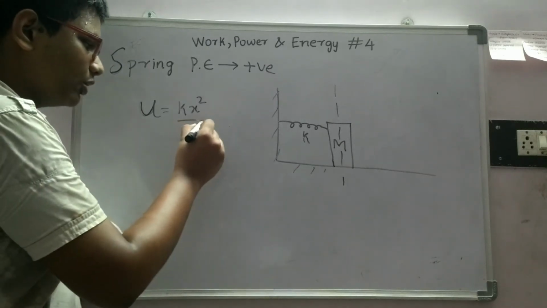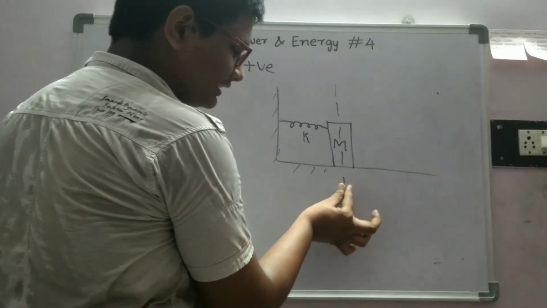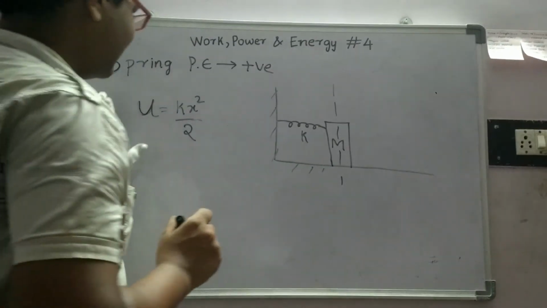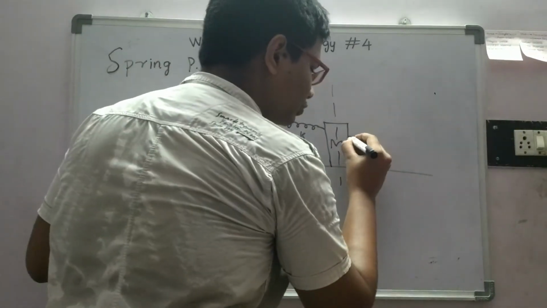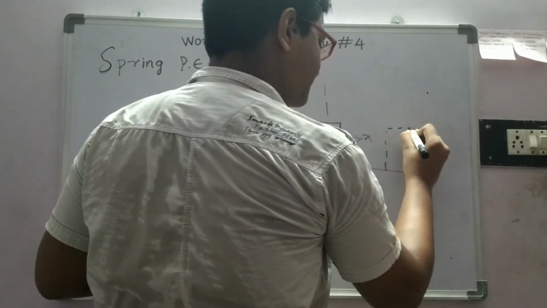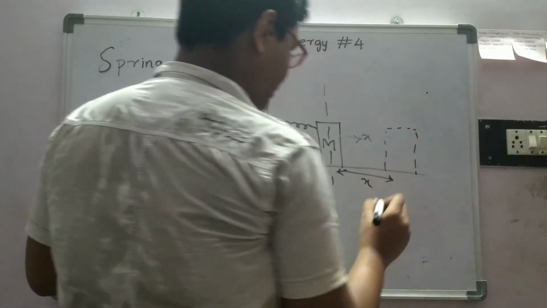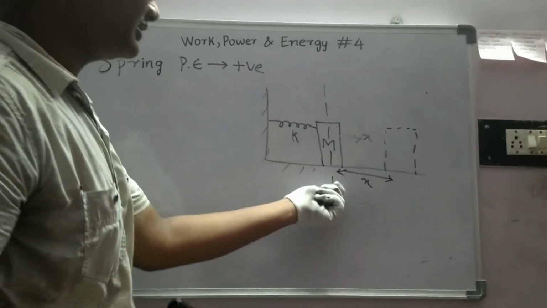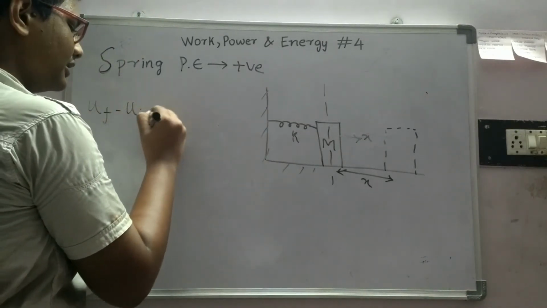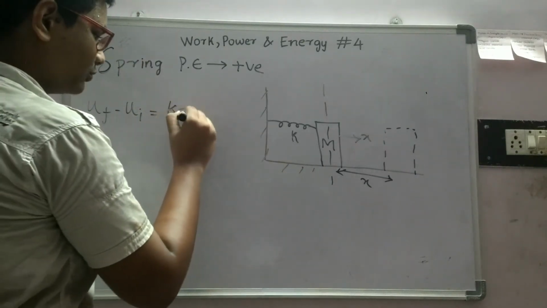This is also only true if we assume that potential energy at its mean position is 0. Let me move this x distance and the object comes here. This is x. Now, this is the final position and this is the initial position. UF minus UI is equal to the change in potential energy, which is kx square by 2.